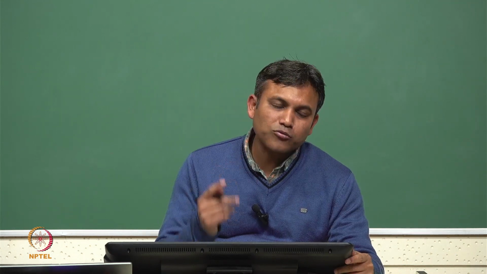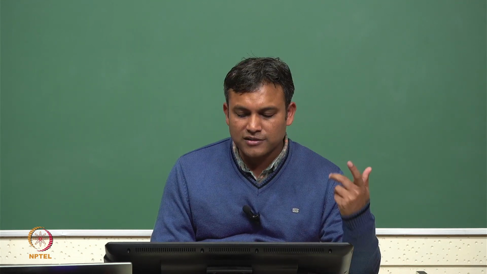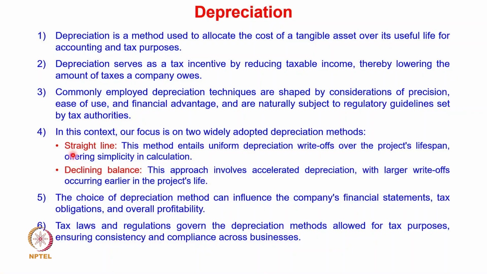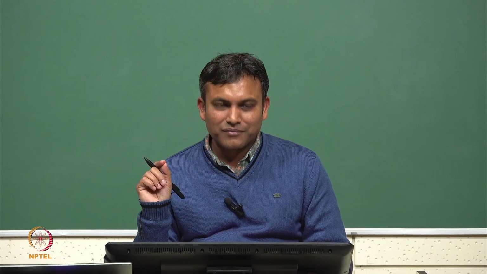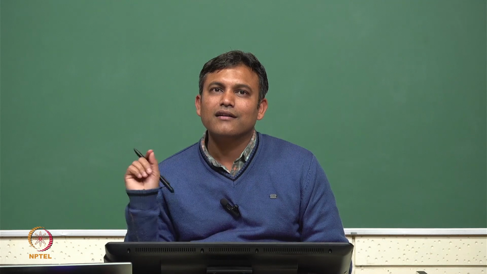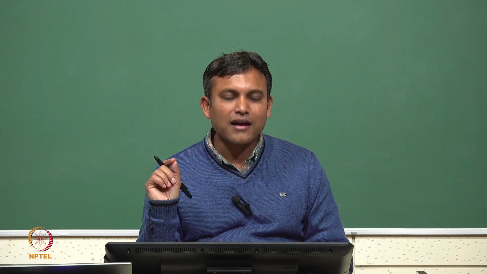There are two types of depreciation calculations. The first one is the straight line calculation. This method entails uniform depreciation write-offs over the project lifespan, offering simplicity in calculation. So what we are doing is finding out the depreciation in a linear manner. Straight line depreciation we are assuming here.